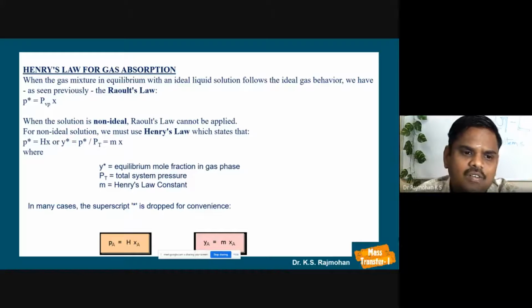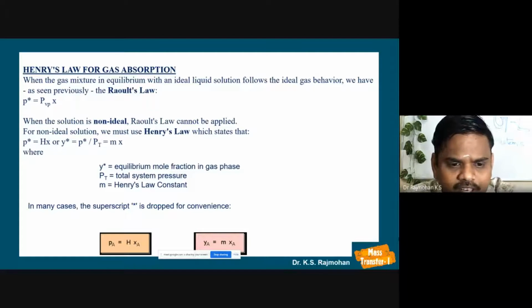So that way Y star is equal to M X, where M is again Henry's law constant. Remember, when you use H, it has a unit, because H equals P star by X. So that will have the unit of whatever is the unit of the partial pressure, divided by mole fraction. Whereas when you express in terms of Y equal to Mx, M equals Y star by X, therefore it won't have a unit.